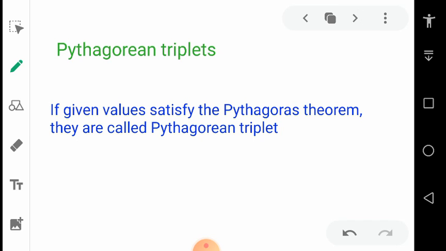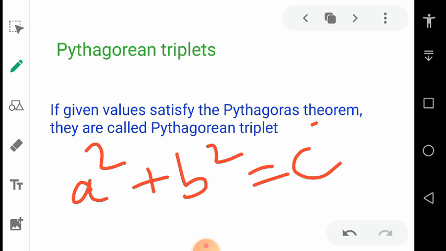Okay, what are the Pythagorean triplets? Actually, if given values satisfy the Pythagoras theorem, or they satisfy the relation a square plus b square equals c square, then they are called a Pythagorean triplet. As you have seen in the previous examples, sometimes this relation can be satisfied, sometimes not.